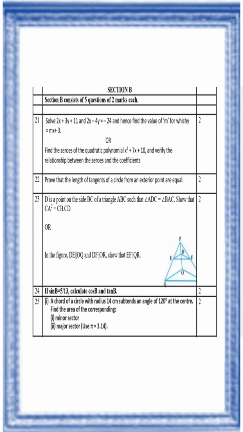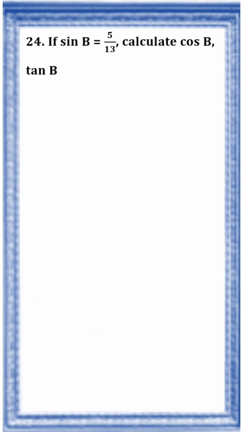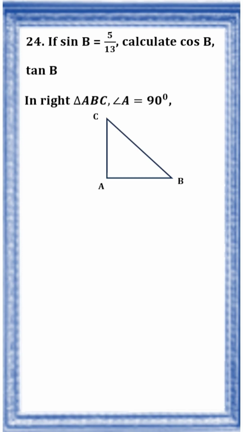Now let us solve question number 24. That is, if sin B is 5 by 13, calculate cos B and tan B. Now let us have the right angle triangle ABC. Angle A is 90 degree and what has been given? Sin B is equal to 5 by 13.